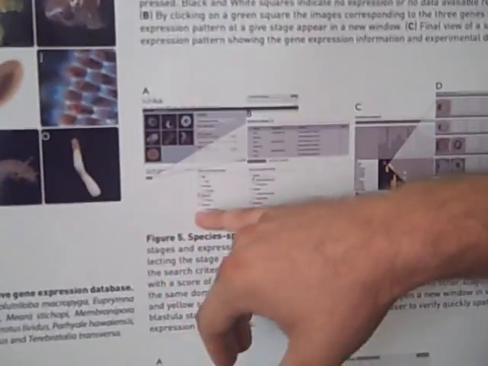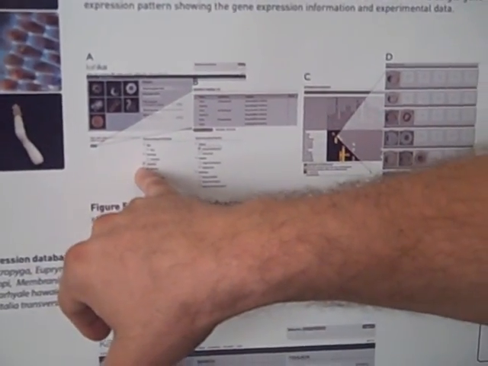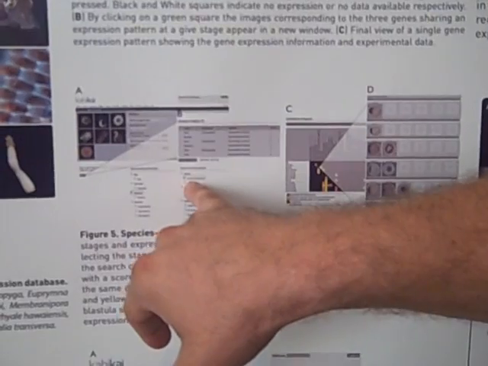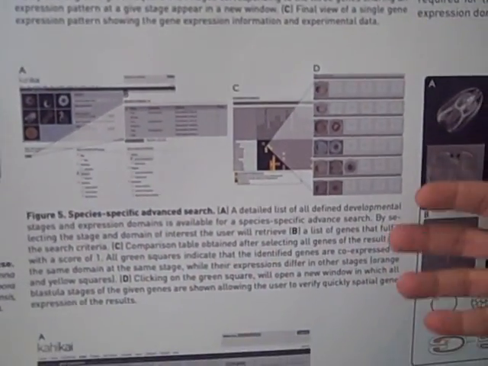To make the tool more useful for broader functional analysis, you can also look at individual stages and how a gene is expressed. In this case, we look at the blastula stage for all the genes that are expressed in the animal hemisphere, which is the presumptive endoderm in cnidarians.